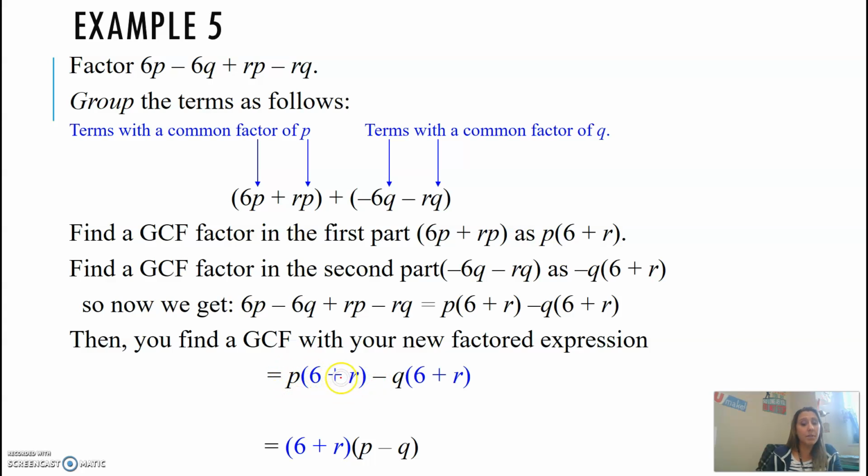So the greatest common factor between this expression is that 6 plus r, and so if I factor out a 6 plus r, then I would have to multiply that by p to get that, and this by -q, and then I write my final answer right there.